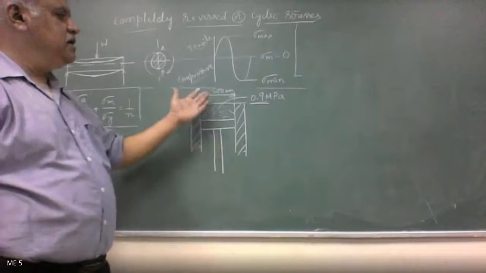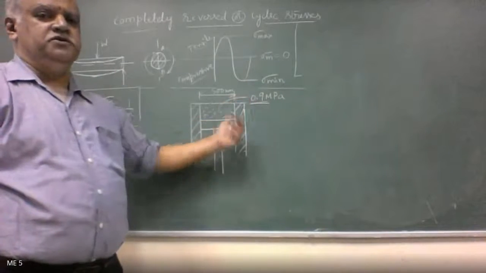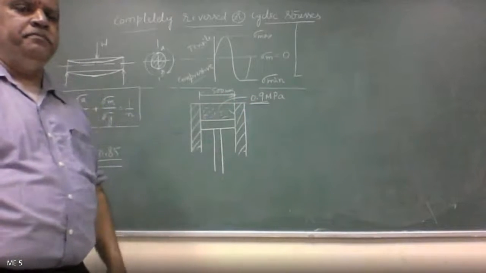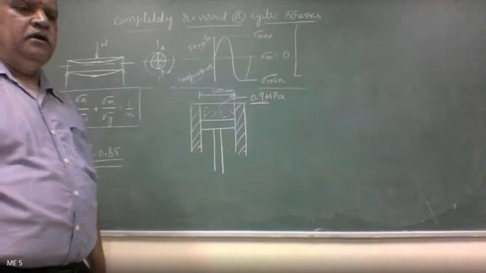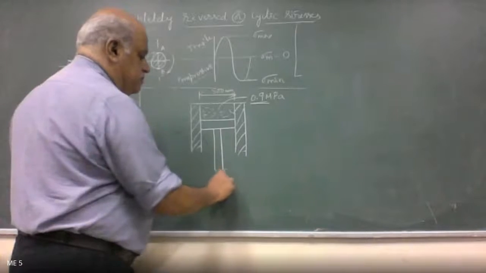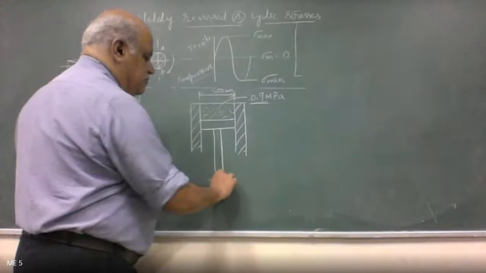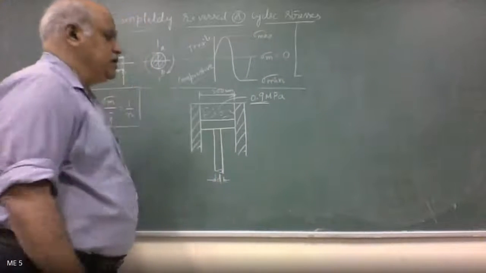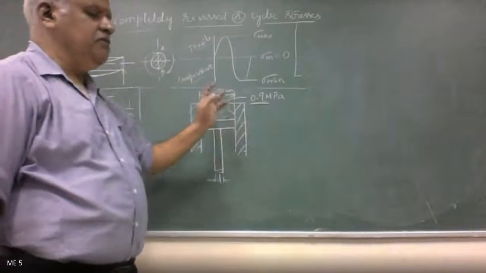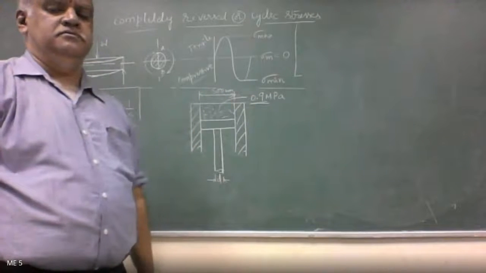I can extract one parameter out of these two. What is that? Sigma. Yeah, Tarun, what can I extract from pressure and diameter? Stress values. Stress in the force, maximum force that is occurring over there.